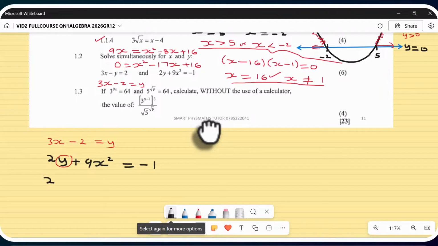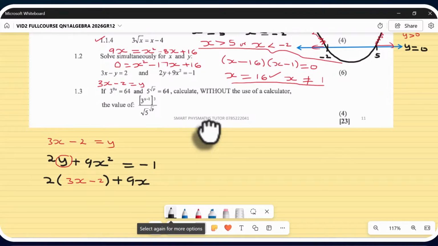So here we get 6x, okay? Now the 2 times negative 2, that's negative 4. Then plus 9x squared, and then equals negative 1.